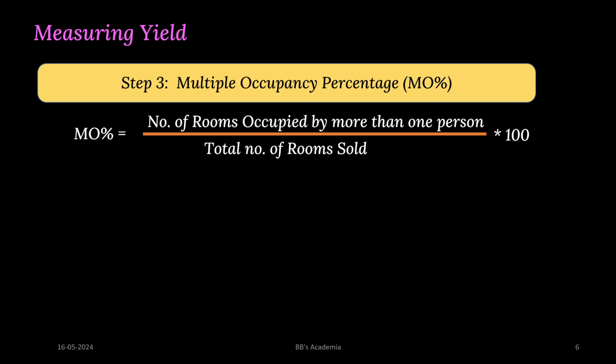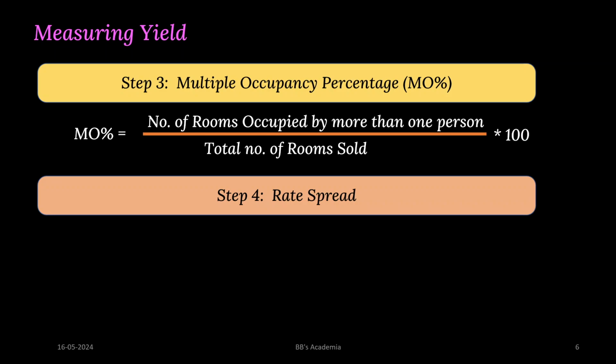So we are calculating multiple occupancy percentage. And if you get that, what you achieve, that is your multiple occupancy percentage. Clear? Okay.